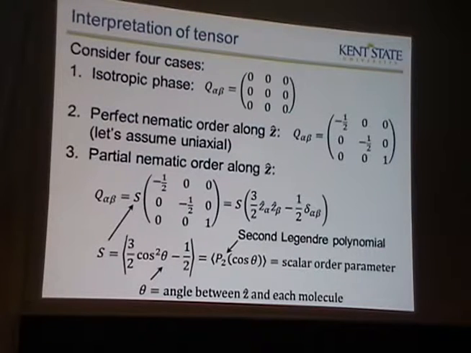So that means 50% of them are in the plus z direction, and 50% of them are in the negative z direction. In that case, we can calculate the nematic order tensor, and it comes out equal to this thing, minus a half, 1. Let me just show you how that works on the board.